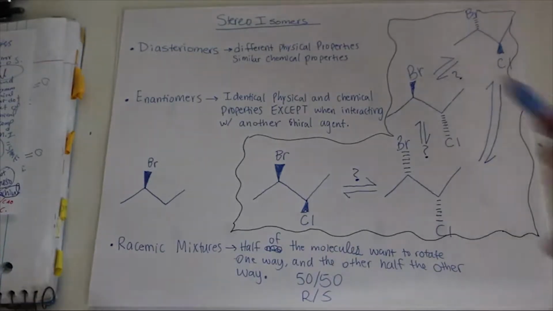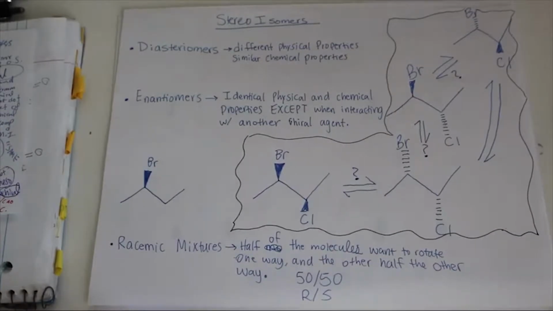Okay, so we talked about diastereomers, and we explained how they're pretty much structures that have different physical properties, but similar chemical properties. And this is going to be really important in Orgo Lab. If y'all are in it, y'all are going to be seeing that firsthand.